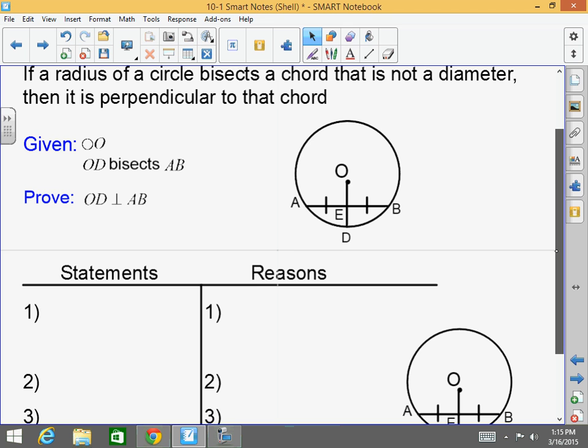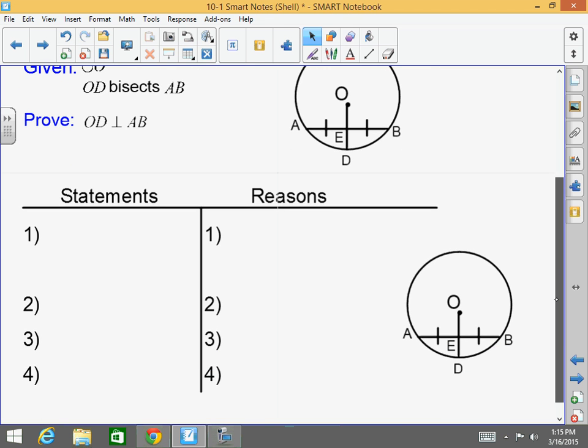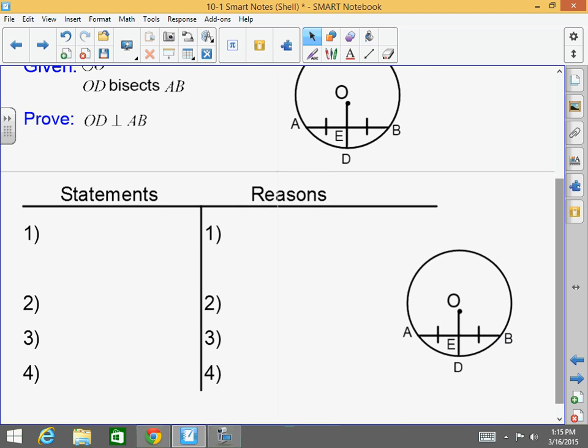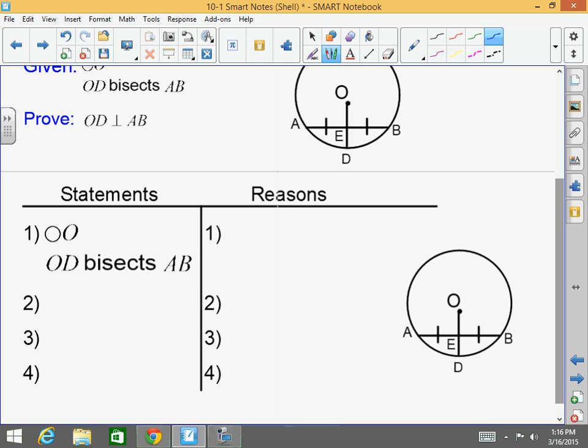So basically here what's happening is this. Okay? I was given that you have circle O and OD bisects AB. Given. That's given right off the bat. I'm going to prove now that because OD bisects AB, the radii is perpendicular to that chord.